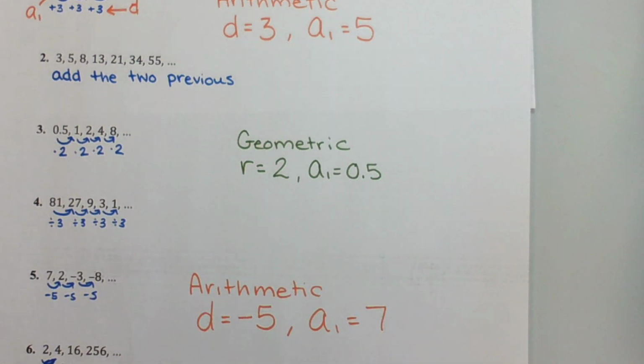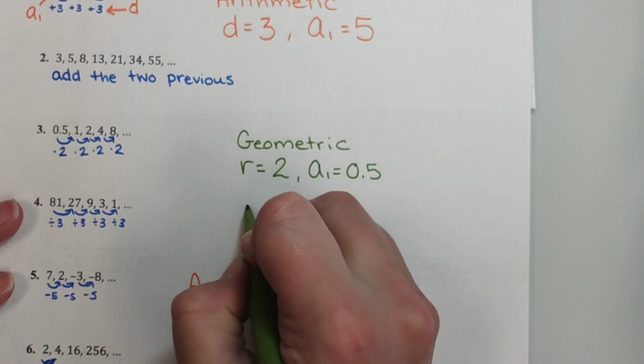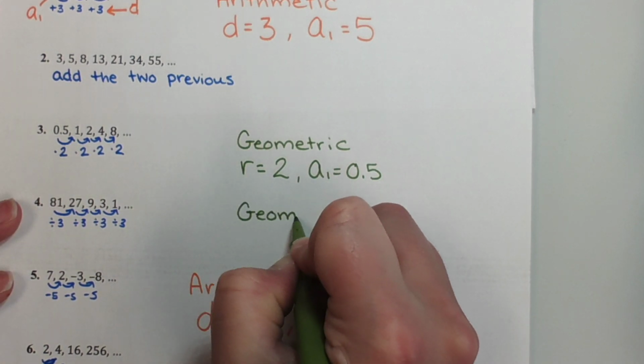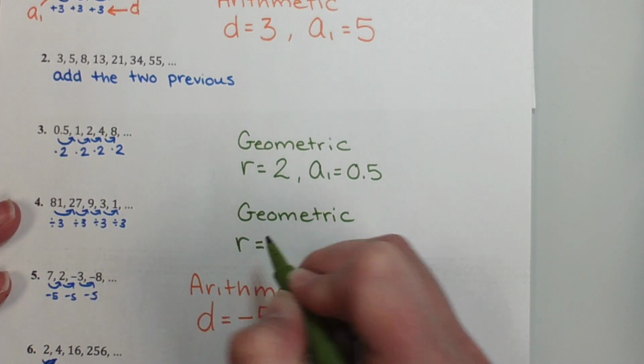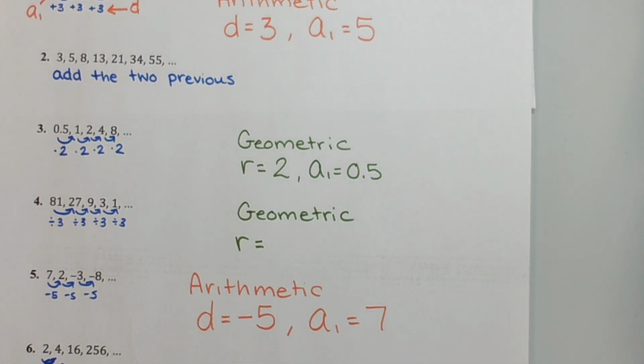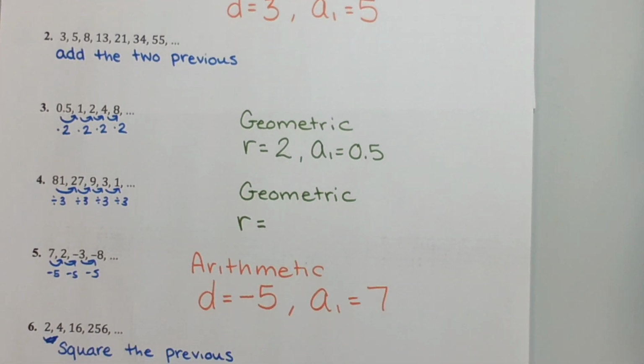Okay, now we skipped over question 2. Is question 2 geometric? No. Is question 4 geometric? Yes. What's r? Not 3. 1/3.